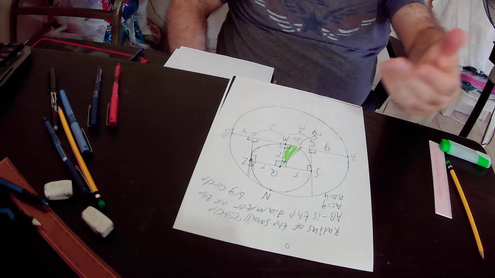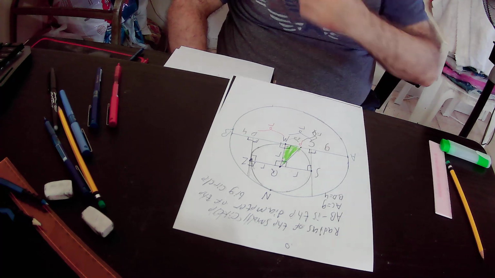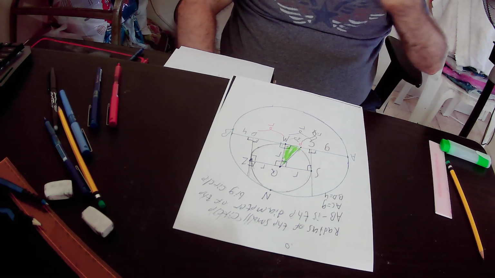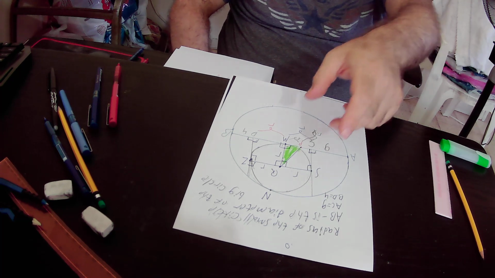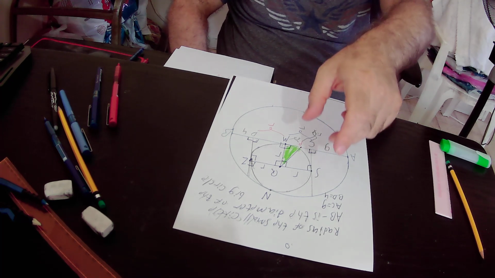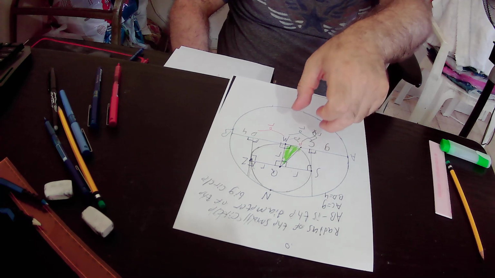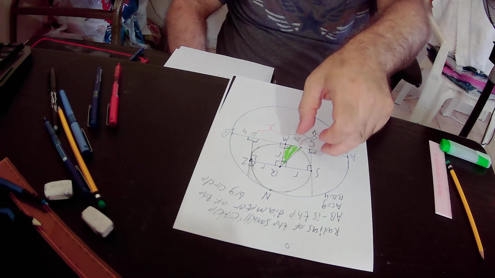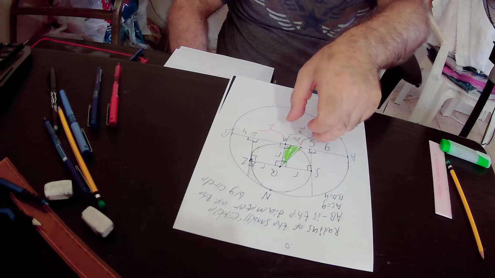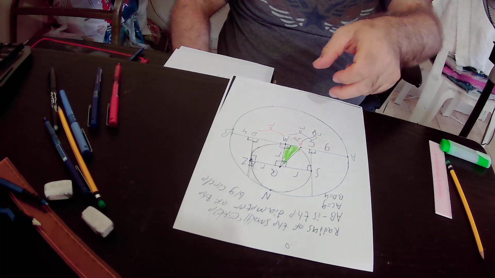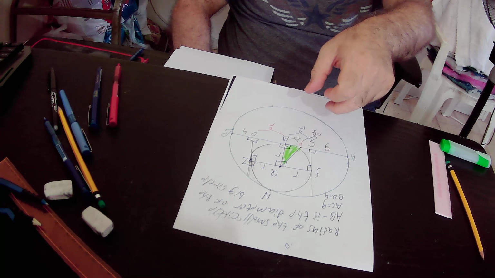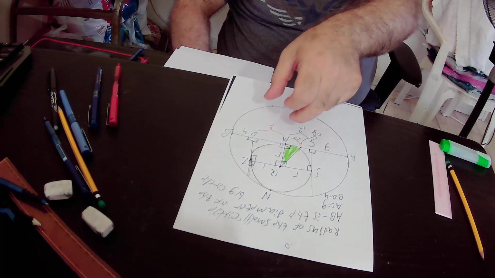So SQCM is a rectangle, and according to rule number 4, the opposite sides of the rectangle are equal to each other, so SQ equals CM and SQ equals small r, so CM also must be equal to small r.